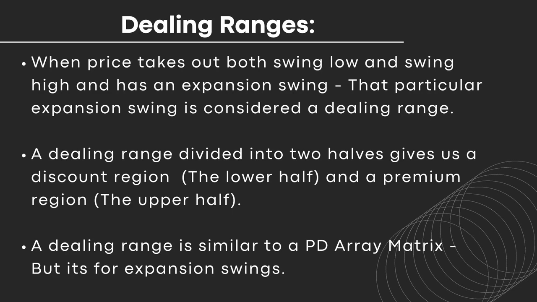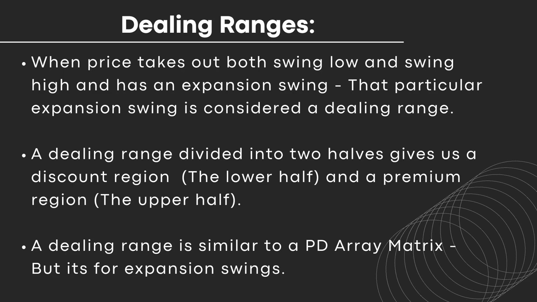Now, another thing about dealing ranges is that they are similar to PD array matrices, or let's say they're a type of PD array matrix. It's not just a typical type, it's a specific type of PD array matrix, for those swings which take out both swing low and swing high.